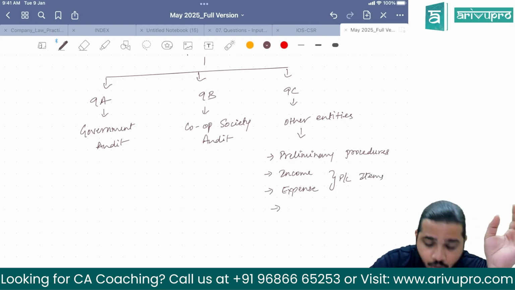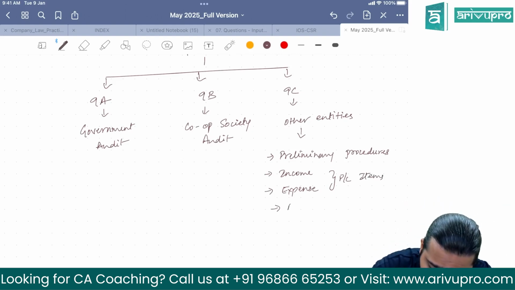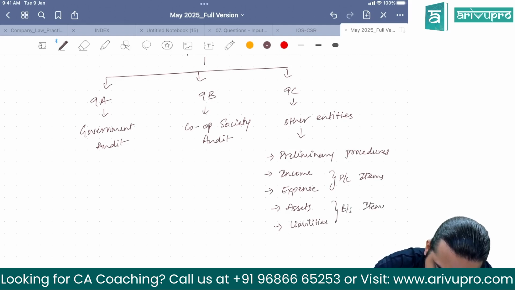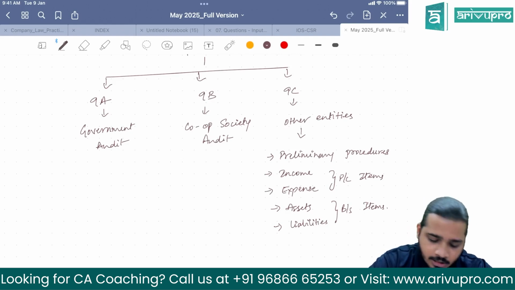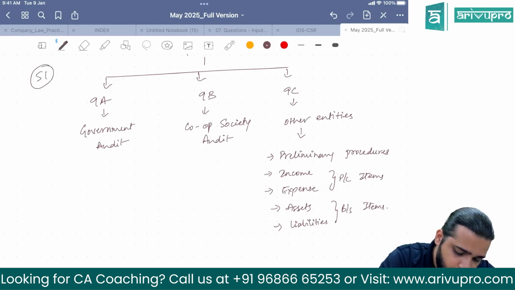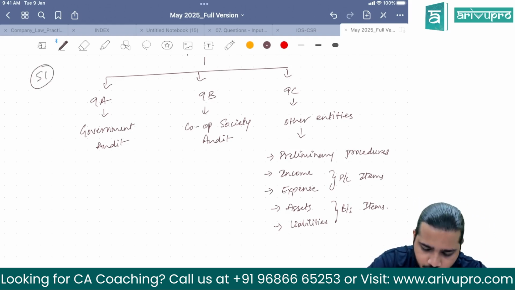Now the 4th item will be balance sheet items, that is assets and liabilities. So this way you can divide the entire chapter and study. Step number 1, division, is done successfully. Clear?